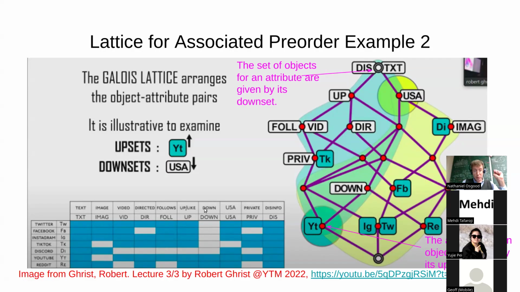Here we have objects being social media services, and attributes being the characteristics of them. For each service, this is our objects. You may remember the objects can only grow as you go up here. And YouTube here has, as an object, its upset, including all of its characteristics as labeled here.